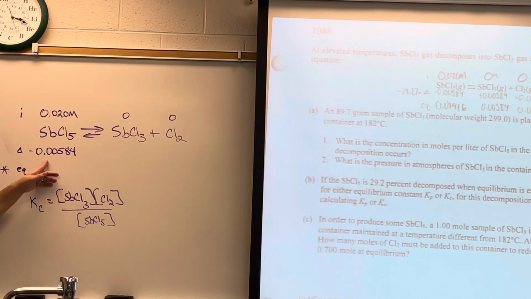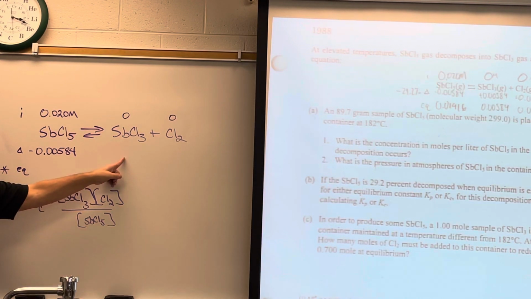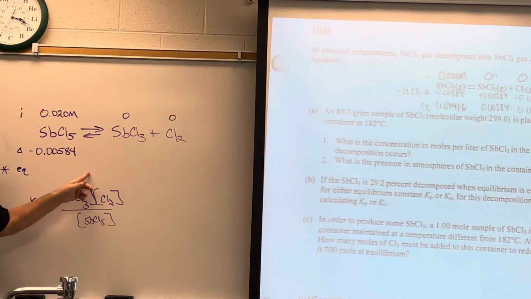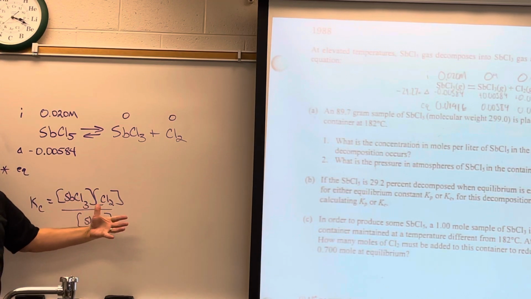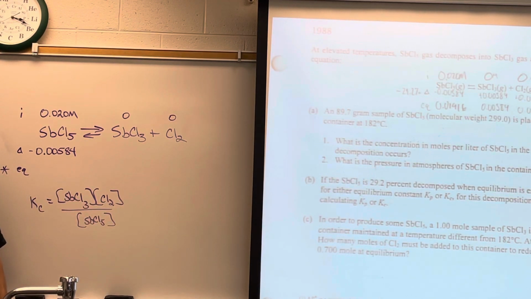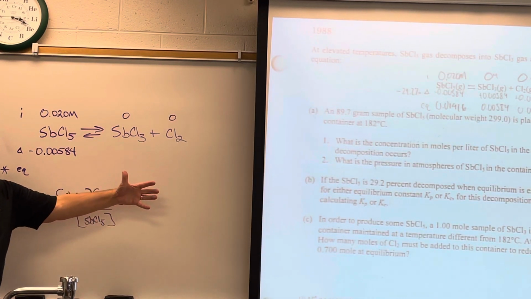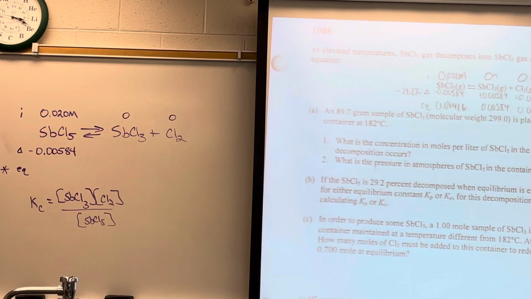Well, if this is how much decomposed, how much of this got made? The same exact amount, right? So then I'm going to know my equilibrium concentrations, and I plug them in, and I get my value of Kc. So the percent decomposed is telling me my change. In essence, when we're going the other way, it's telling me my x.